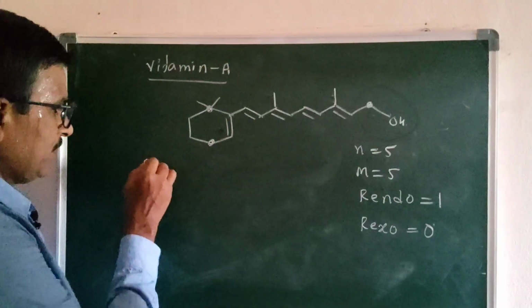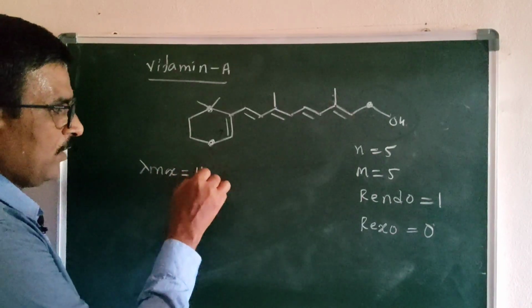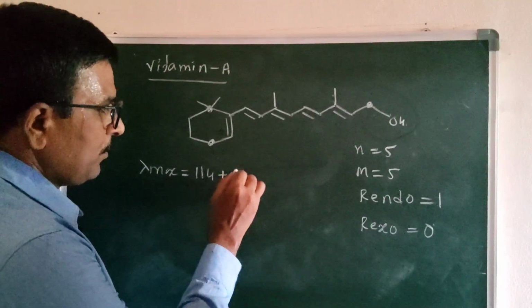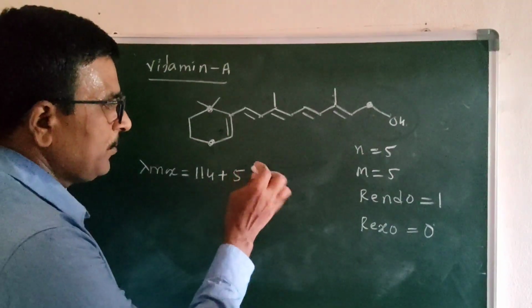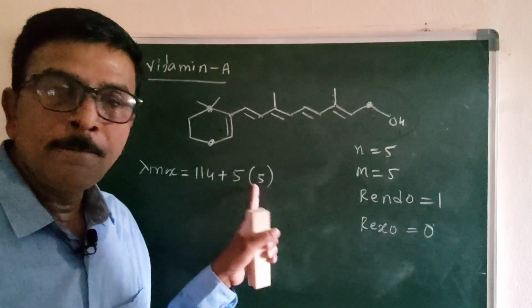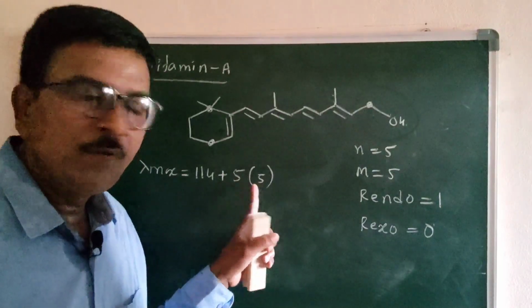Then substituting, absorption maximum is equal to 114 plus 5 into 5, the M value. 5 is the effect of each alkyl group, and the number of groups is 5.